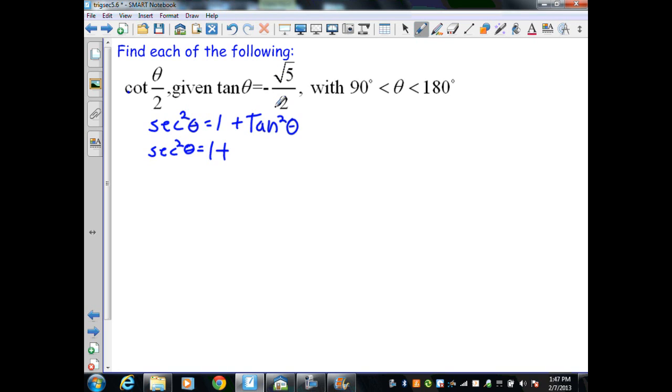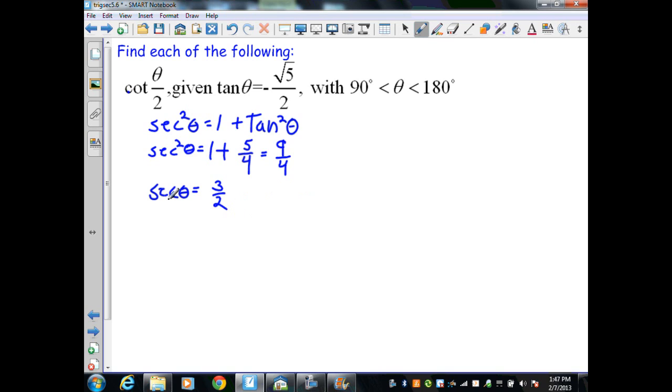When I square that, I'm going to get a positive 5/4. And when I add 5/4 to 1, that's going to give me a value of 9/4. Therefore, secant squared is 9/4, and when I take the square root of that, that's going to give me secant of theta equal to 3/2.